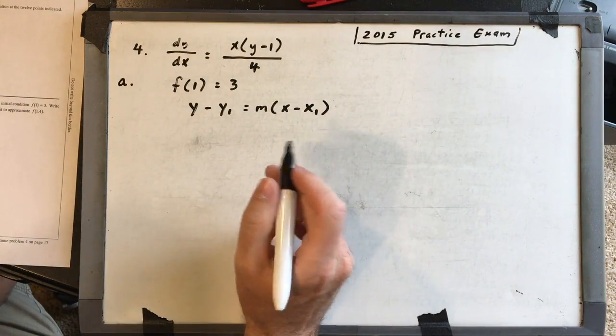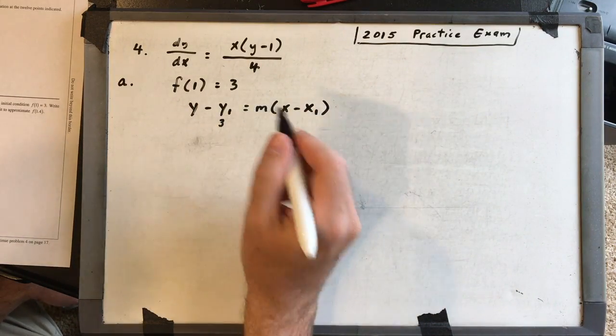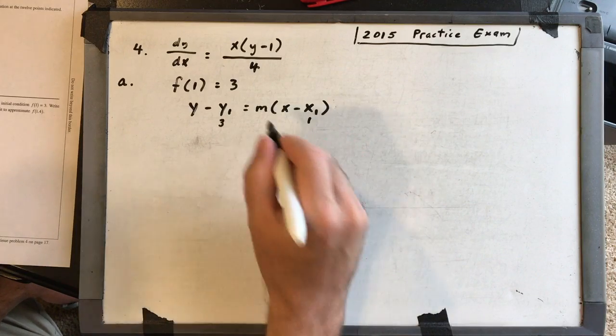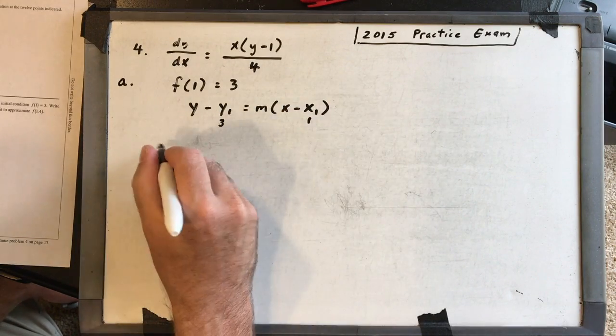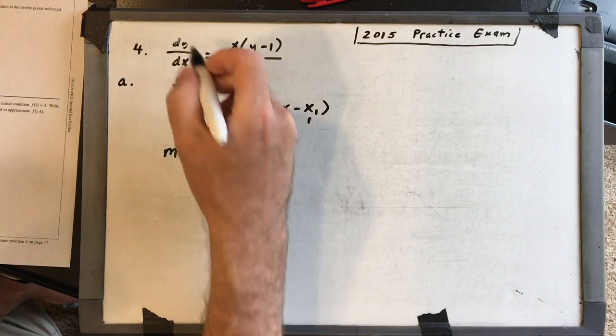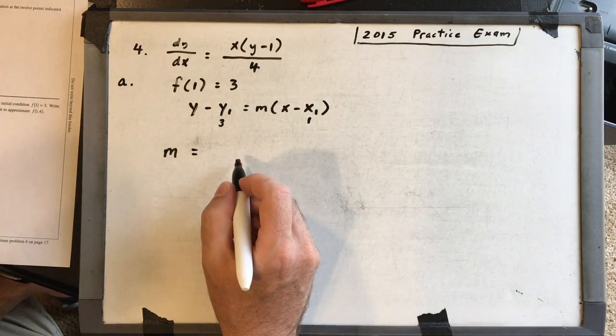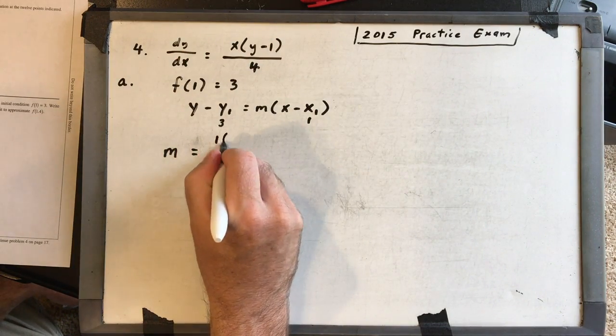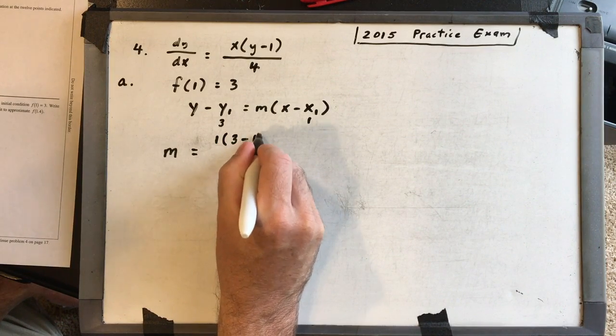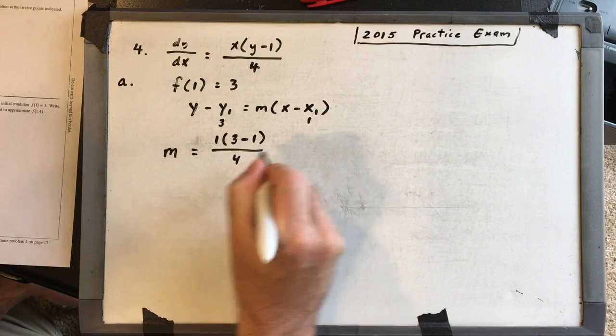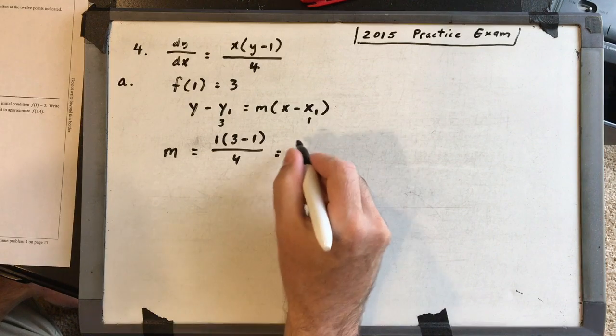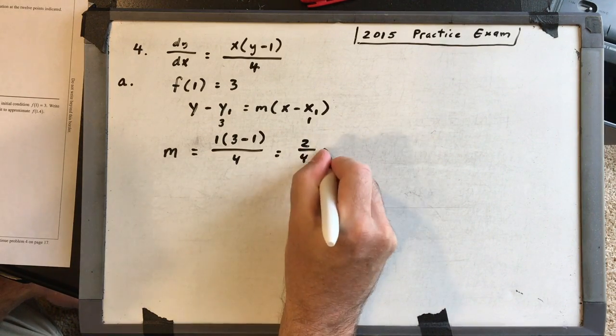We have y1, that's going to be 3, and x1, that's going to be 1. We just need to figure out the slope at (1, 3). So we just plug that right into dy/dx here. So x is 1, y is 3, minus 1, over 4. That's going to be 2 over 4, which is 1/2.